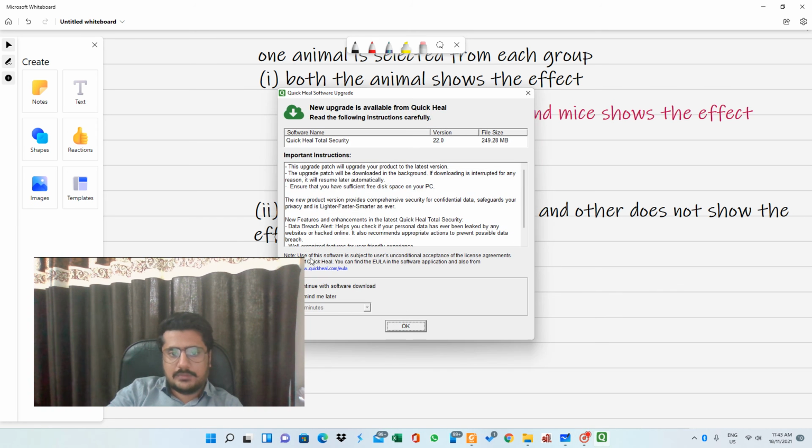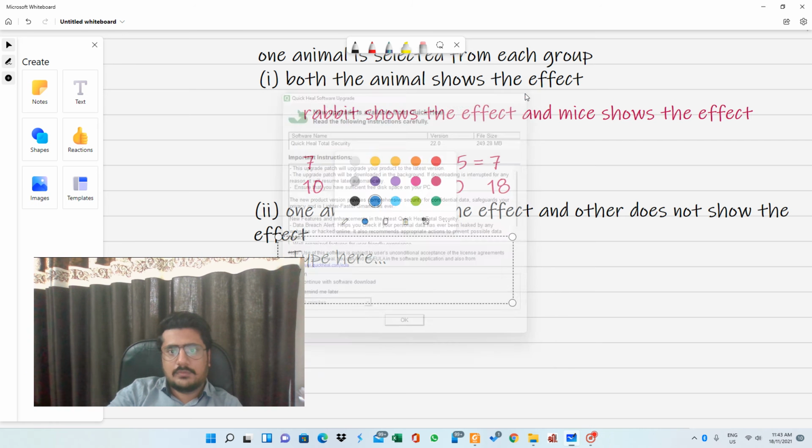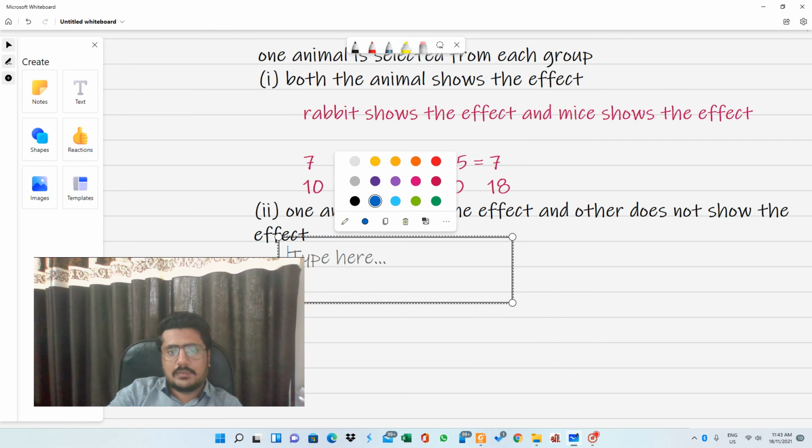One is the rabbit shows the effect, the mouse does not show the effect.